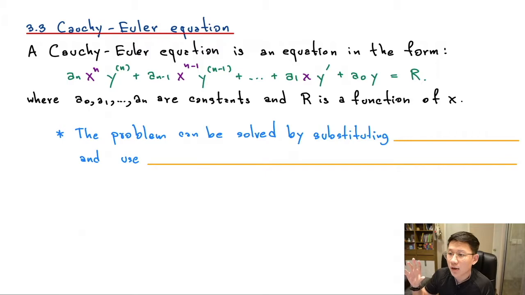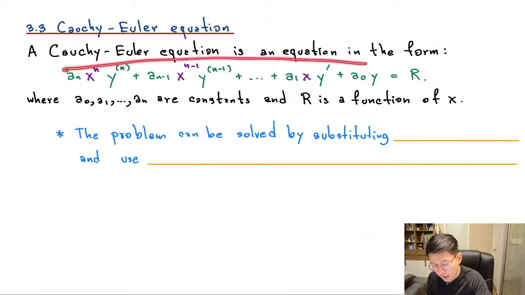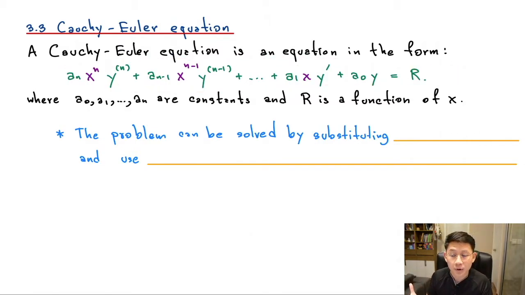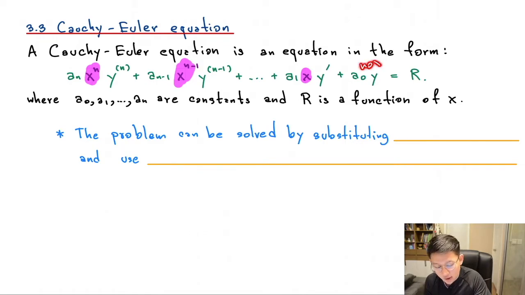The equation in this form is called a Cauchy-Euler equation. They are higher order equations and they can be non-homogeneous, which means it's not equal to 0. The characteristic of Cauchy-Euler is that it has x to the n, x to the n minus 1, x to the n minus 2, and so on, until x, and finally no x, which is x to the 0.